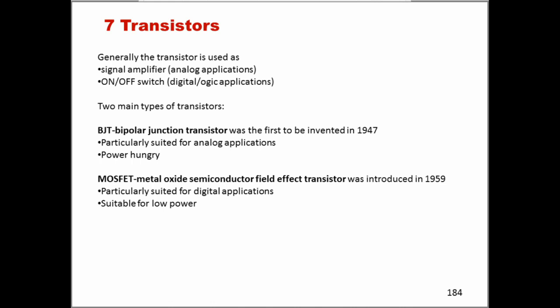Generally, we should remind ourselves that the transistor is so important in our devices because it can be used either as a signal amplifier, so it is extremely important for analogic applications. Think of a sound amplifier, for example, or it can be used as an on-off switch.